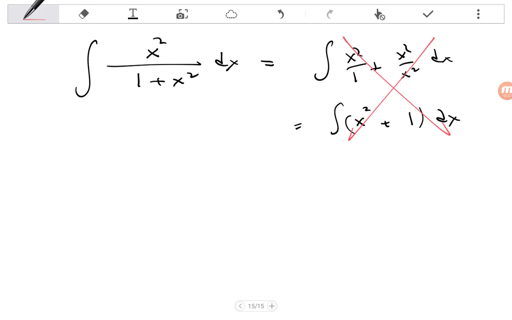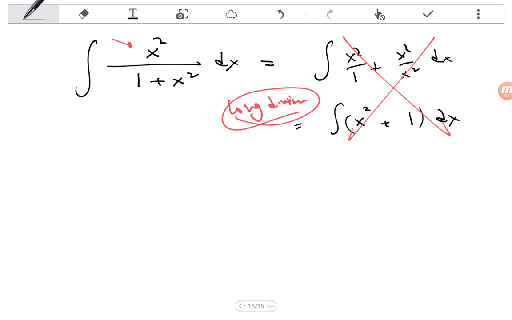We have two methods. One method, and this method is applied whenever I have a polynomial over a polynomial. If the degree of the numerator is greater than or equal to the degree of the denominator, you know that the long division will always make the problem simpler.